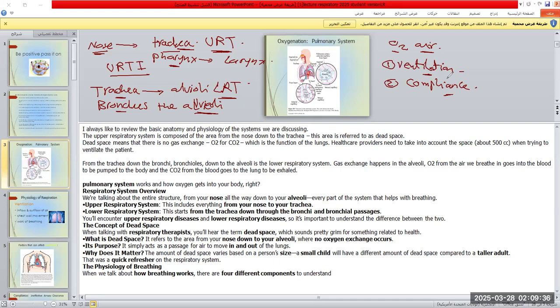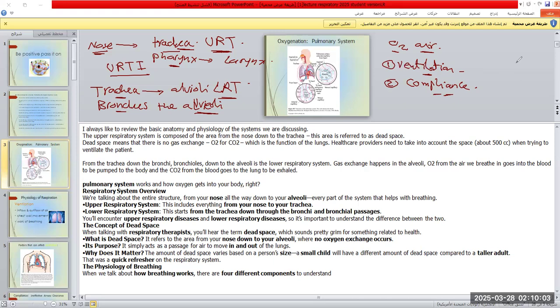So this is ventilation. The second thing is compliance, which means the ability of the lung to expand and recoil again. Is it clear, Ryan? Yeah, that makes sense.